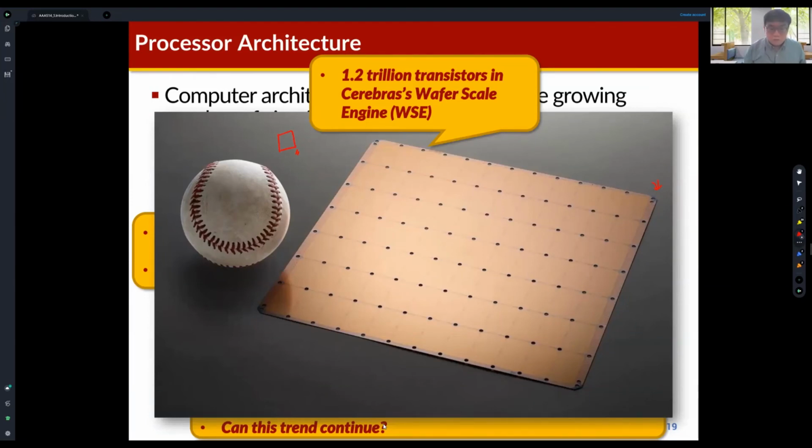If the chip size is large, then many defects can be included in some area of the chip. If a single defect is found in a chip, then we cannot use this chip.